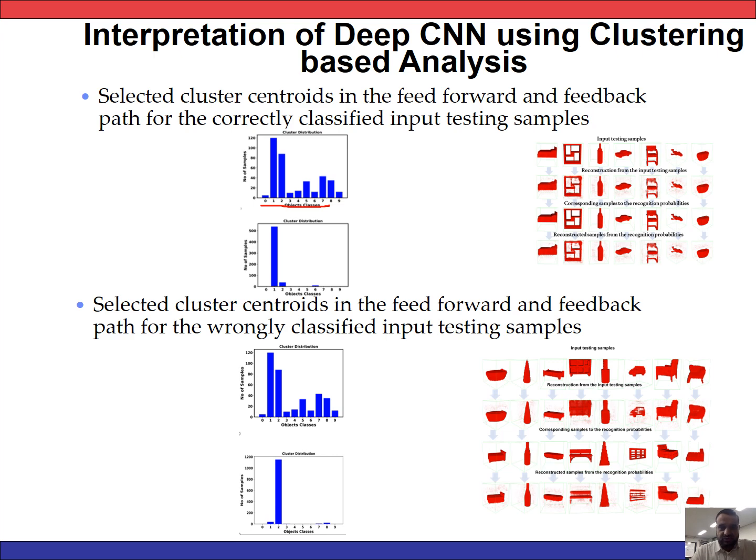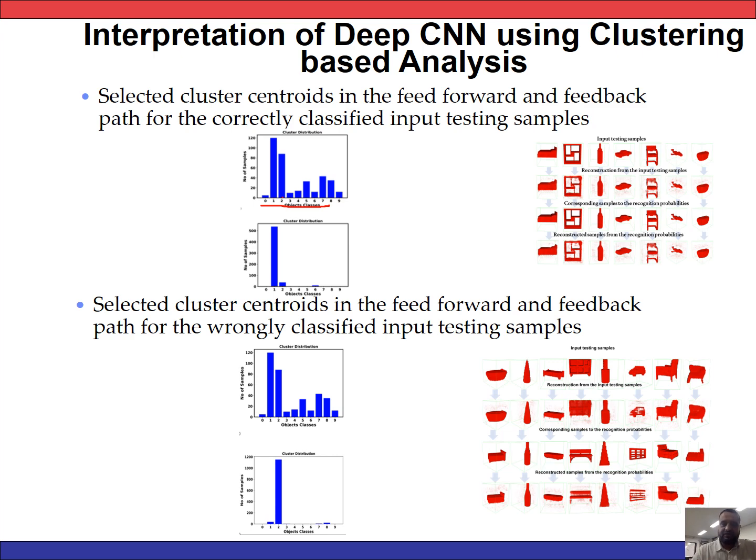This is class 0, class 1, class 2, 3, 4, 5. I was using ModelNet10 here, so there are 10 labels. The testing sample belonged to the first class in the feed forward path, when we generated the recognition probability using the feed forward neural network.